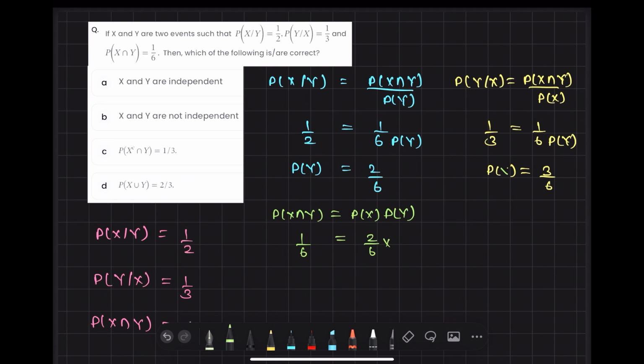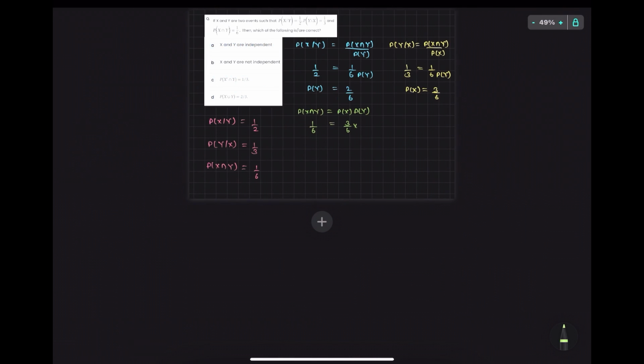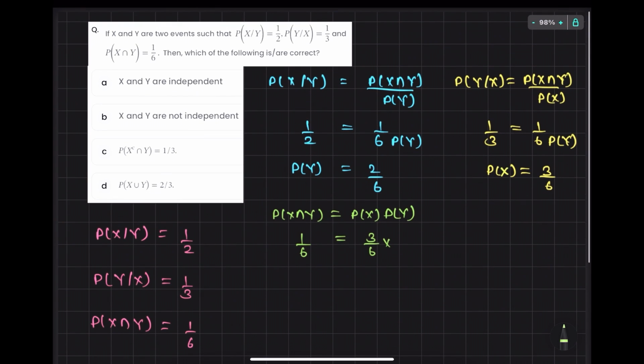Now, P of x is 3 by 6 and P of y is 2 by 6. So clearly, if you observe, they are not equal. So it is not independent. So this statement is wrong.